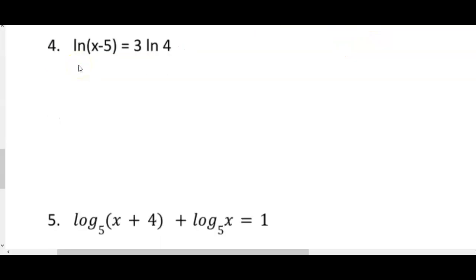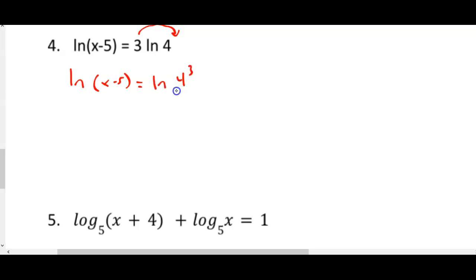Okay. Let's go to 4. This is a natural log problem. So we've got to apply our power rule for logarithms, which tells us that we can move this 3 back right here. So you have ln of x minus 5 equal to natural log of 4 cubed.